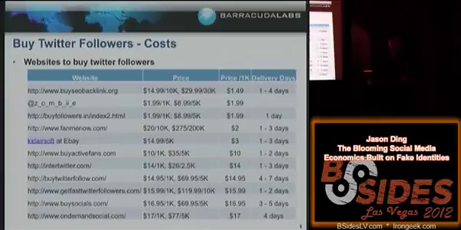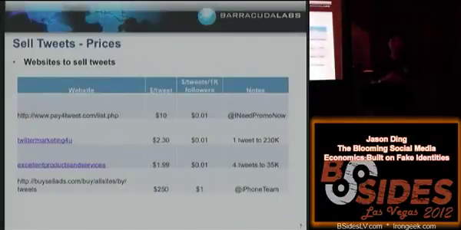So you can buy followers, right? And there's another source, like I mentioned: you can sell tweets. If you have a lot of followers, you can make money out of it. Some people are very famous, with thousands, or 20,000, or 100,000 followers. If you want to make money, it's very easy: just sell tweets.